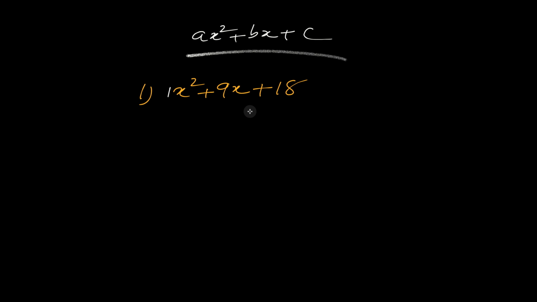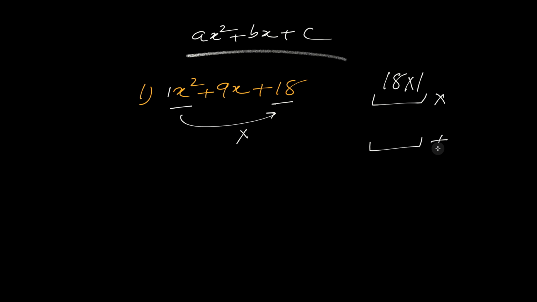How we are going to solve is, first we have to take these two numbers and multiply them, which is 18 into 1. Now this 18 we are going to split into two numbers in such a way that if we multiply them, we get this number, and if we add those two numbers, we get the center number, which is 9.